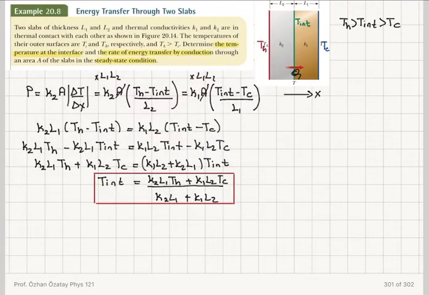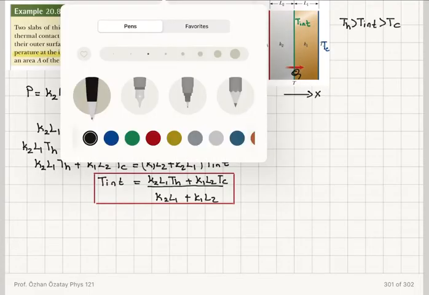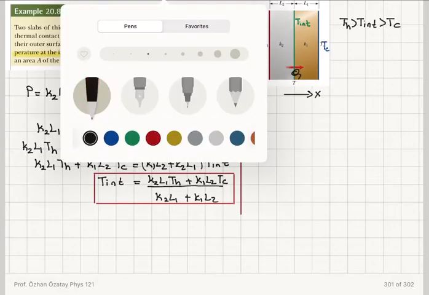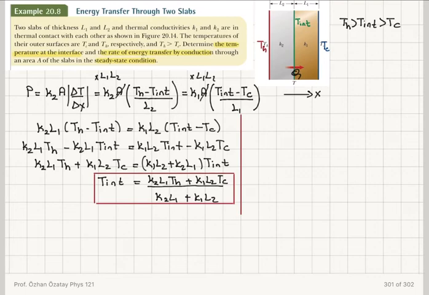The second question is, what is the rate of energy transfer by conduction? So I can substitute this result into one of the power expressions. So let me separate these two parts. Now I can substitute it into the power.